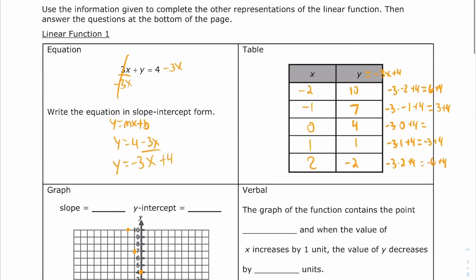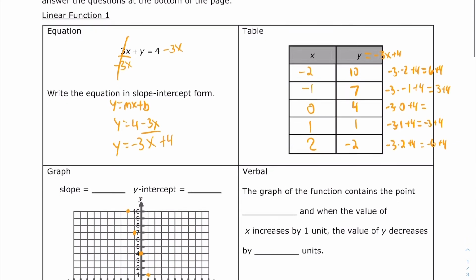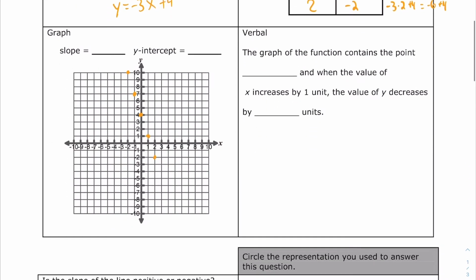This equation is not a word problem, so there are no boundaries, which means we should be able to connect this with a line. Let's make sure that our line touches all of the points, so that way we get an accurate y-intercept of 0, 4. The slope is negative 3.